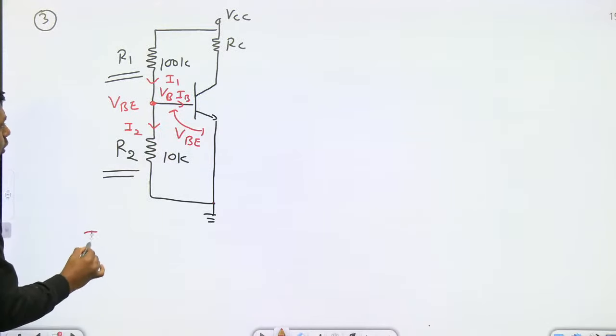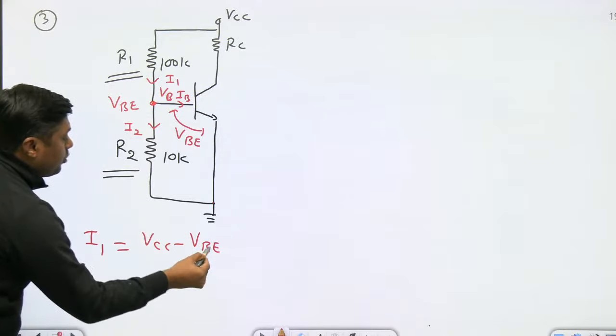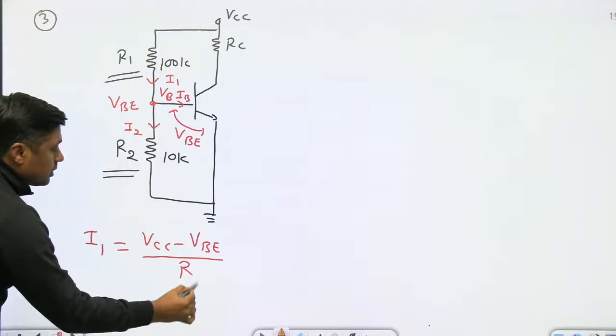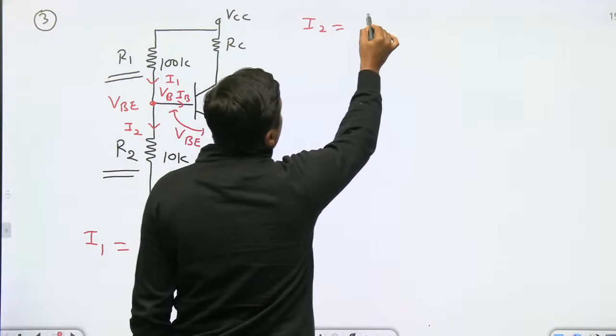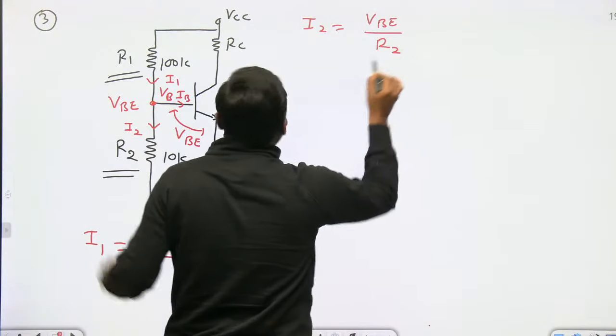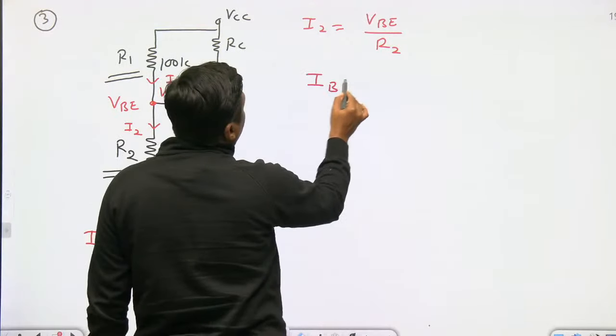So what is the value of I1? VCC minus VBE, divided by R1. In every numerical they will provide you VBE, 0.7 volt. So you can find I1. Then you can find I2, that is VBE upon R2. Then the base current will become I1 minus I2.